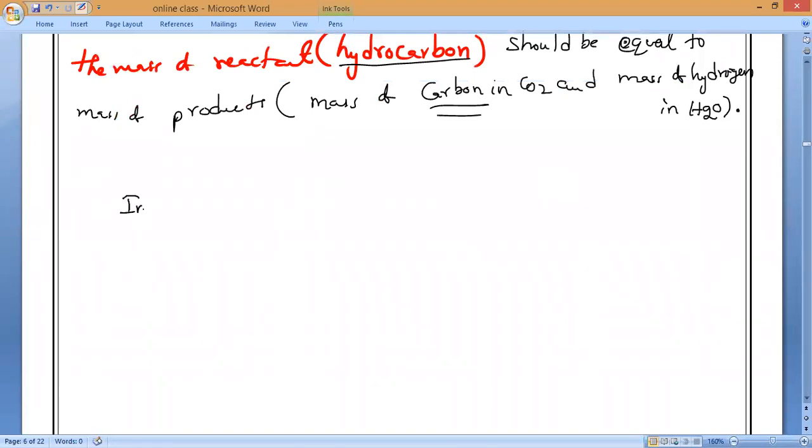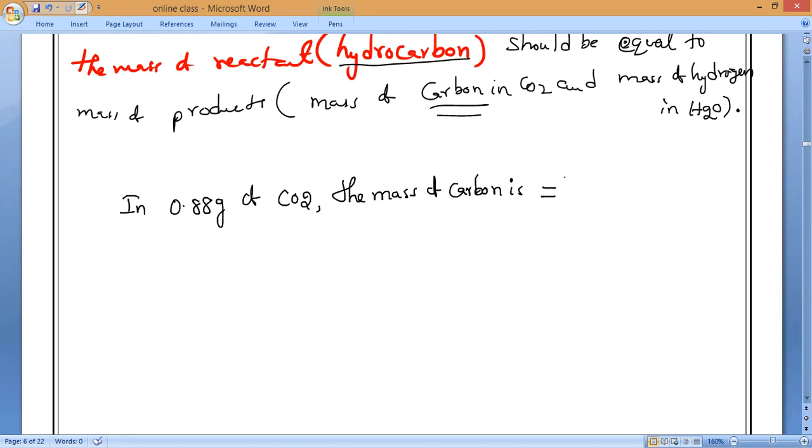In 0.88 grams of CO2, the mass of carbon is, we are not finding mass percentage, guys. We are finding mass directly.